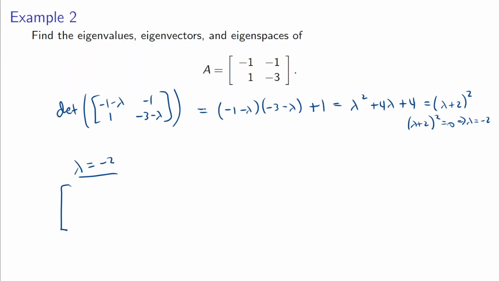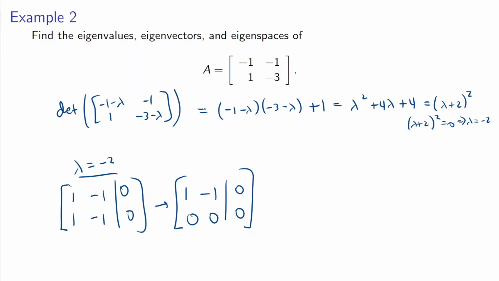So -1 plus 2 is a 1, and then a -1, and then a 1, and then -3 plus 2 will be another -1. And let's actually augment this, 0, 0. Okay. And then this reduces pretty quickly. We can see row 2 minus row 1.